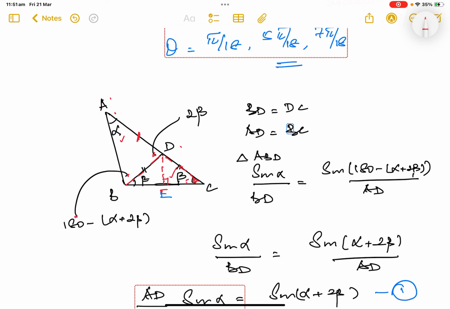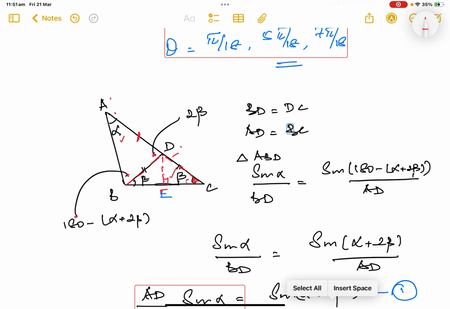Take ABD, the top small triangle, ABD. Before we use the sine rule, let's deal with this. This BDC is an isosceles triangle.